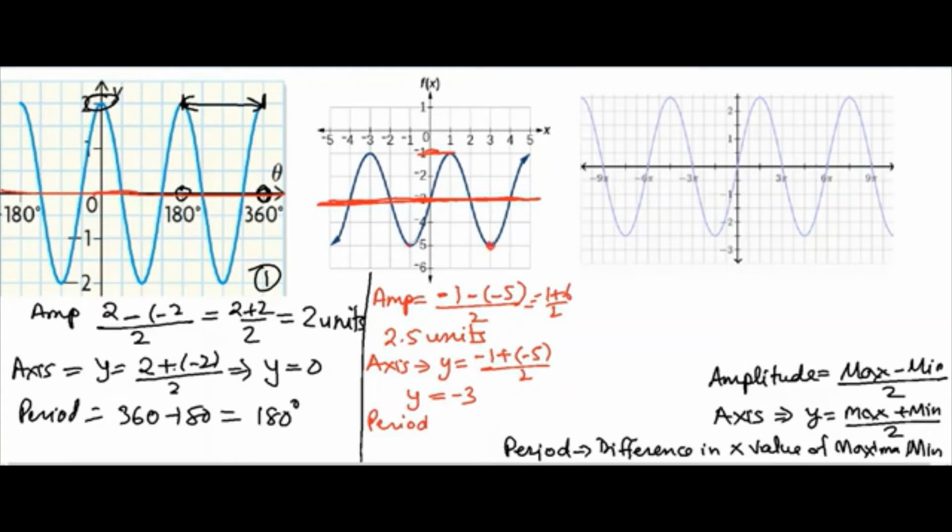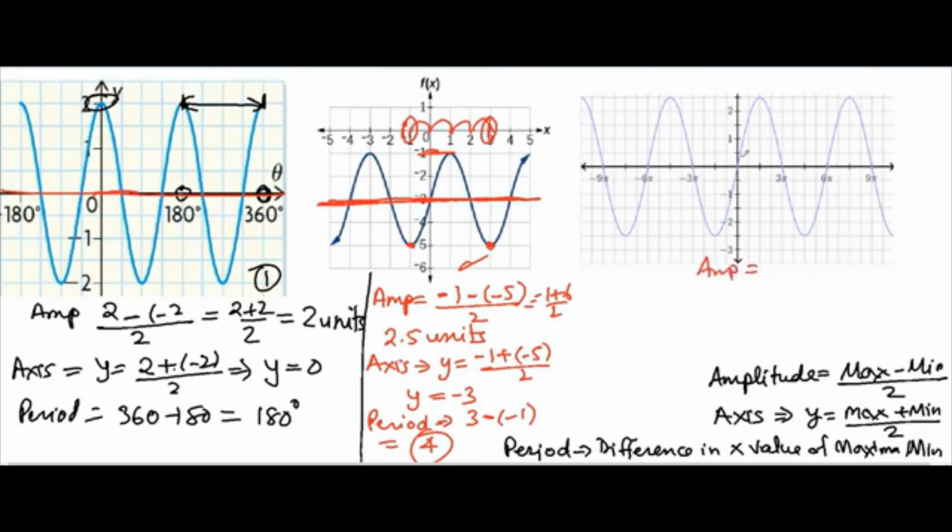So I'll take this minimum and this minimum, two consecutive minima. 3 is the value of the higher one, so I'll say 3 minus minus 1, so 4. Period is 4 for this graph. Because it is minus 1 here and 3 here, the difference is 4. 1, 2, 3, 4. Yeah, difference of 4. Period is 4 for this. Now the final one, amplitude.